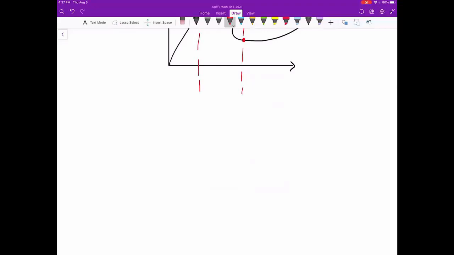Out of all the possible slopes, which slope gives a line that's not a function?